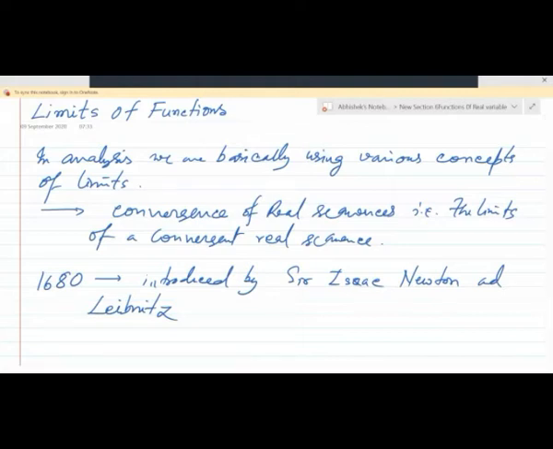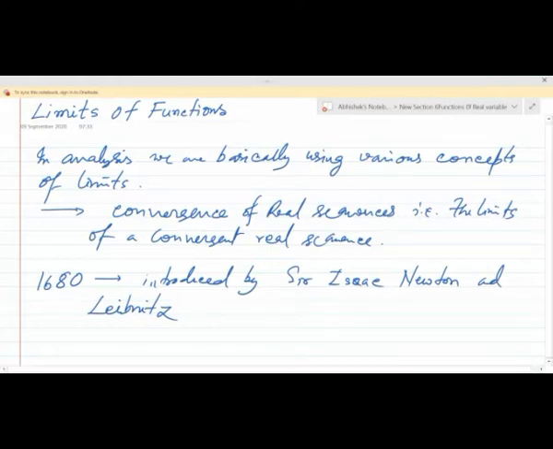Their duration of mathematical discoveries was between 1642 to 1727 for Newton, and 1646 to 1716 for Leibniz. So they are quite contemporary pupils in mathematics, and they have initiated to introduce the limiting process. Okay, and they named this type of creation calculus.